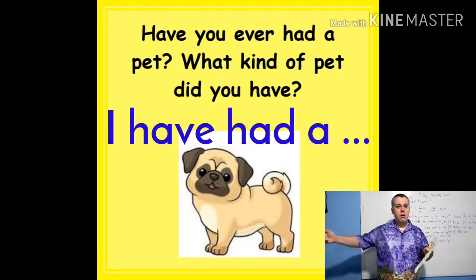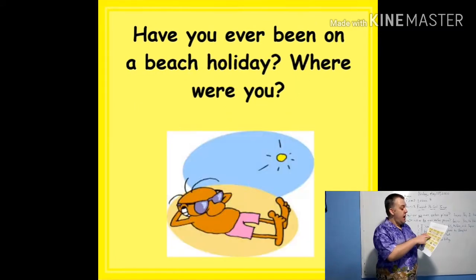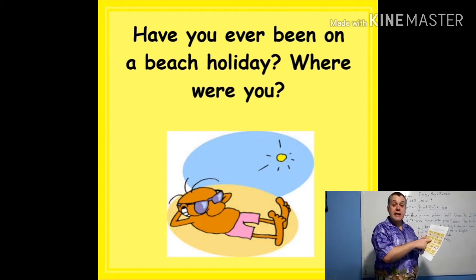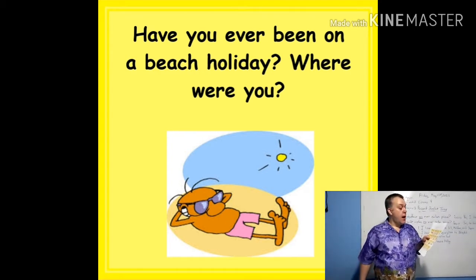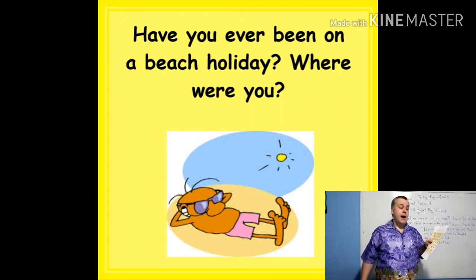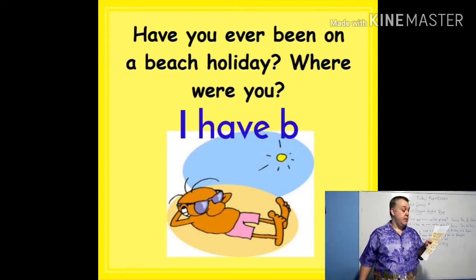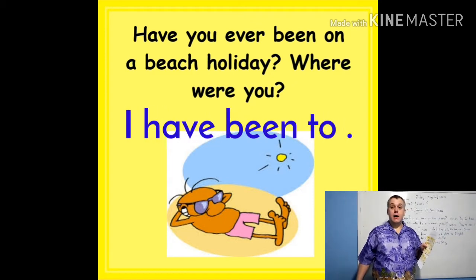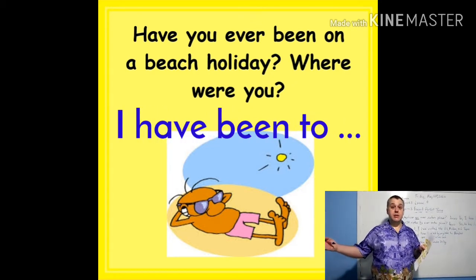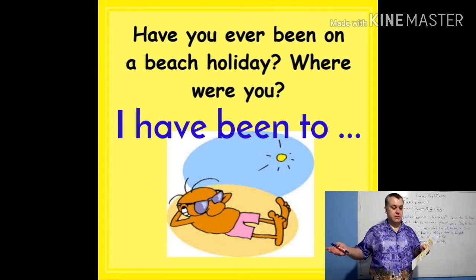I have had a dog, like that. Okay? Have you ever been on a beach holiday? Where were you? So I would write, I have been to Pattaya. Pattaya has a beach. Very nice, expensive beaches.